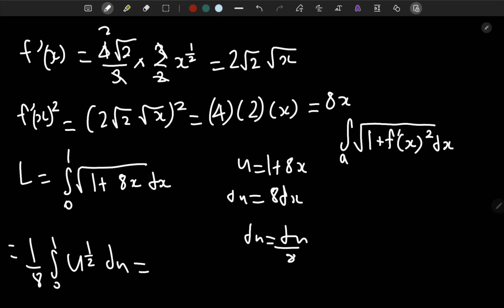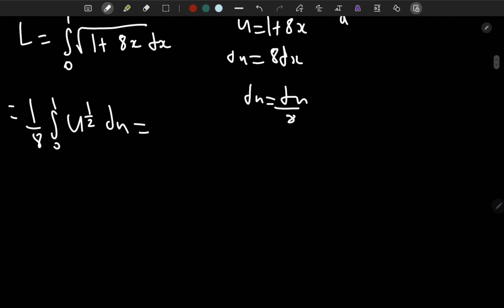Now we integrate this, so this will be equal to 1 over 8, with the limits 0 to 1, u to the 3 over 2 over 3 over 2. I'm going to bring the 2 up here, and now we replace u with what we have over here. Don't forget that step.